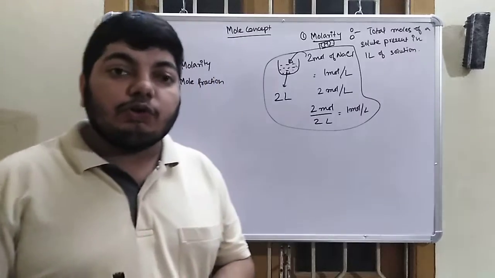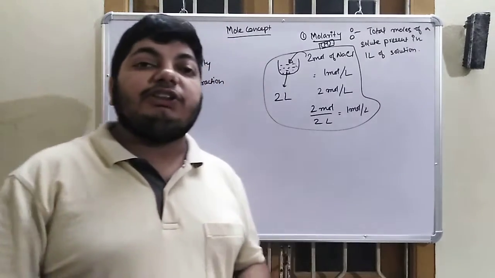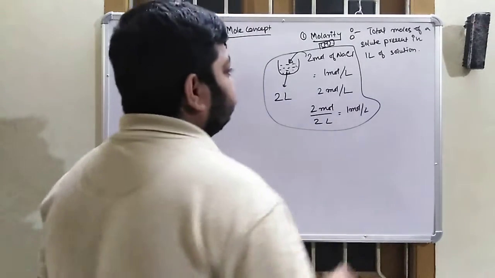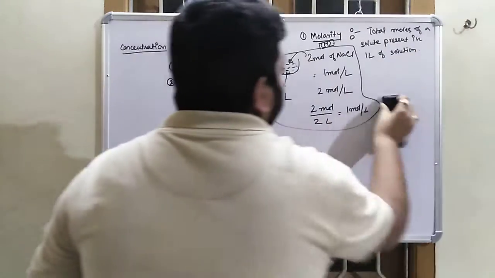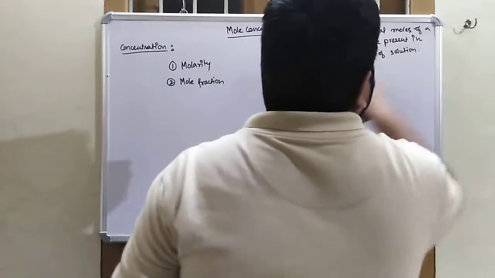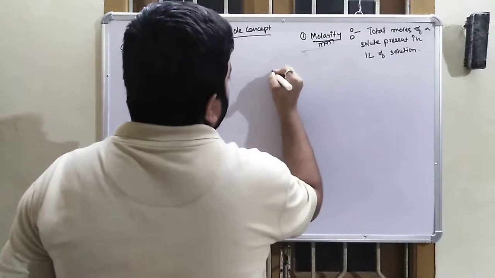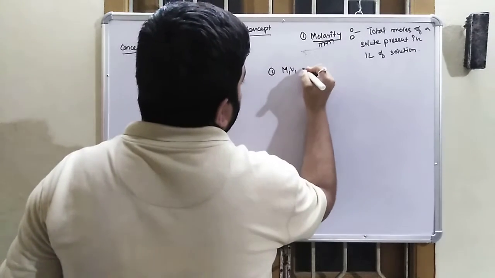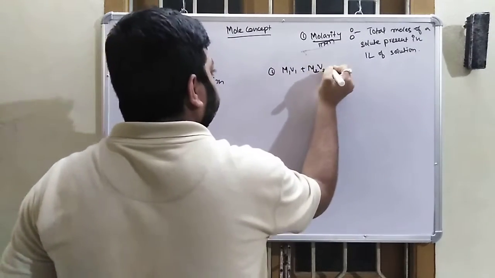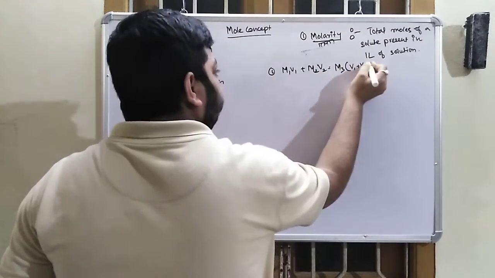So there are two laws which are very useful for day-to-day calculations regarding molarities. These two laws are, first of all, M1V1 plus M2V2 equals M3 times (V1 plus V2).